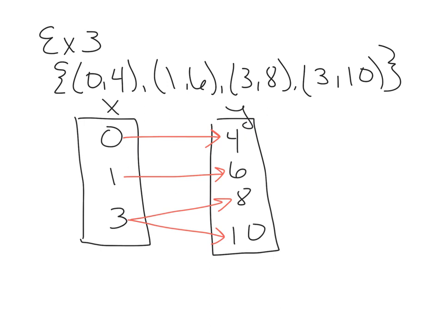This is a case where this is not a function because every x can have only one y, exactly one y. So when an x is being mapped to two different y's, it's a relation that is not depicting a function.